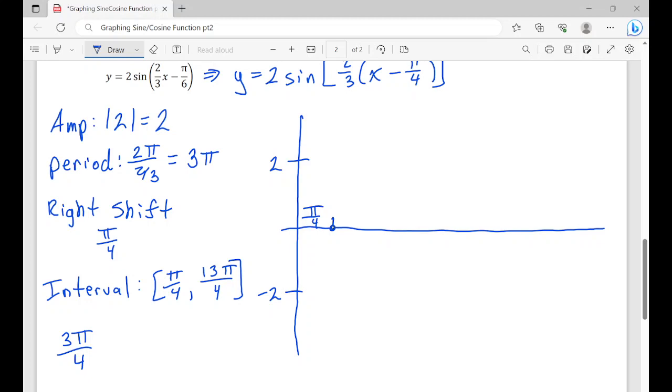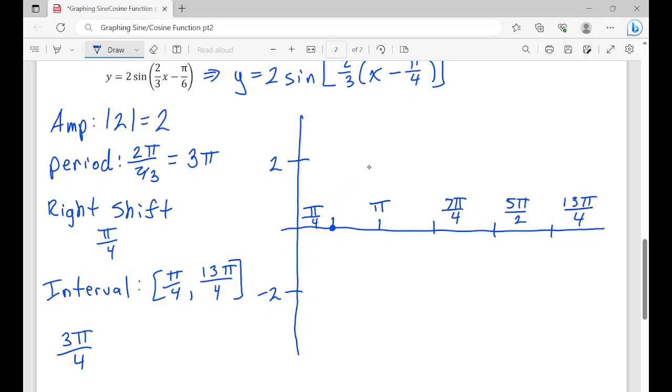So starting at pi over 4, and then add 3 pi over 4, it's going to give me pi. Then add another 3 pi over 4, and I'm going to get 7 pi over 4. Then add another 3 pi over 4, and I'm going to get 5 pi over 2, and then one more, and that'll end up giving me 13 pi over 4.